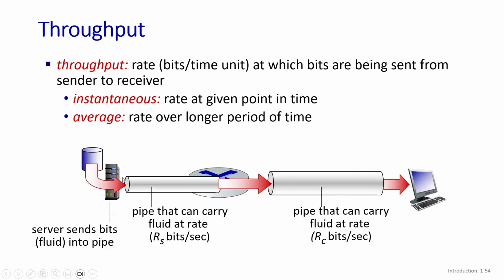Now, if we consider this as a pipe which can carry a fluid at Rs bits per second, and this pipe which can carry the fluid at Rc bits per second, this one appears to be a smaller pipe and this one appears to be a bigger pipe. Now we have to measure the average throughput between this source and this destination.